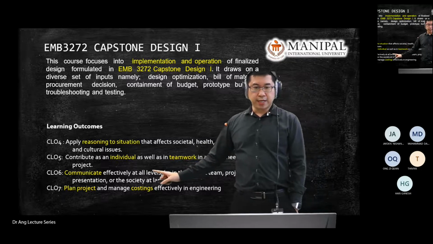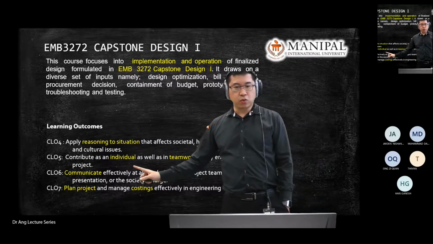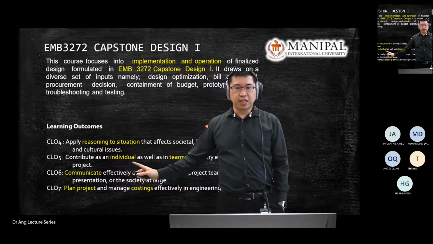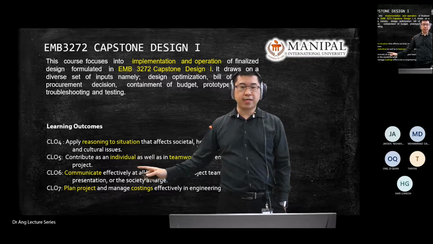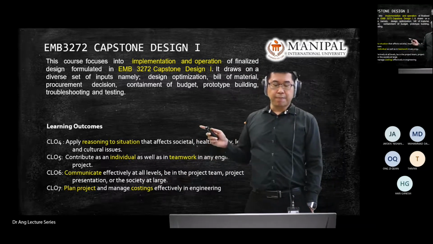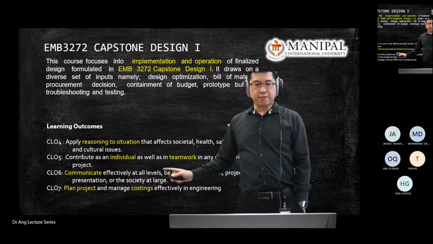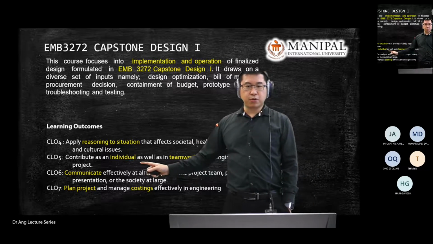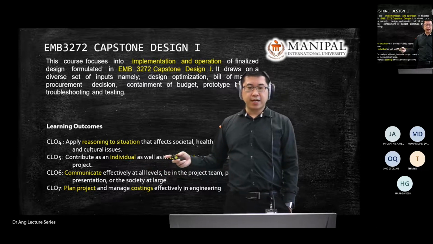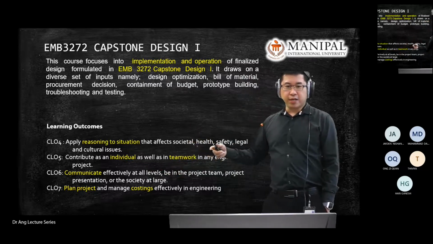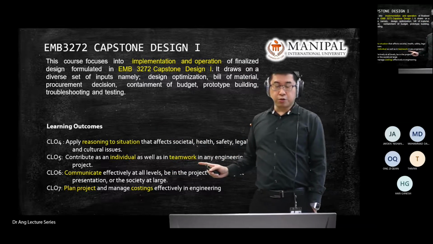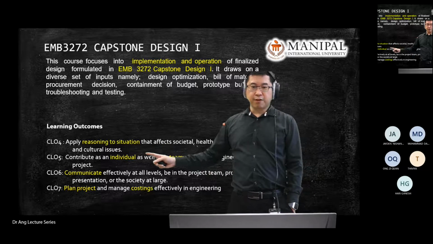Then the next one is, we'll expect you to work as a team and also individually, means you can do your work individually. There's a contribution. Let's say you do your projects in a group, but there is a significant difference between your job and your friend's. Okay, so let's say you team up with B. You team up with B, but make sure when you discuss your contribution, it's 50-50.